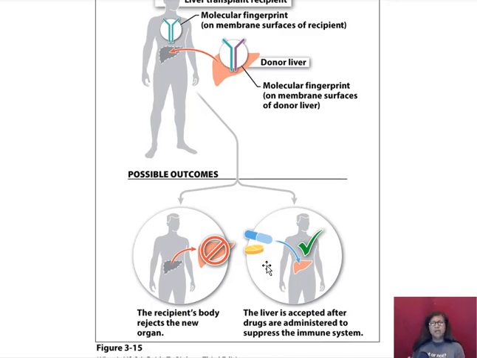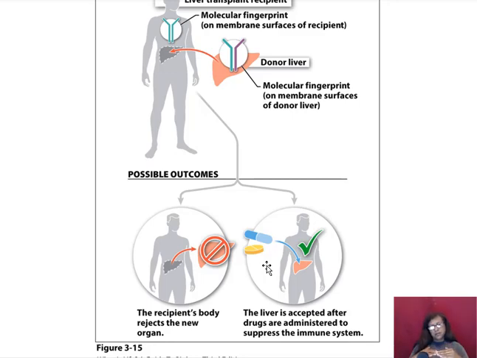And that's kind of this tightrope. So you're trying to suppress the immune system enough that the body doesn't attack the new organ that you just transplanted in, but not suppress the immune system so much that the person is now going to basically be subject to every cold, mold, virus, anything that we normally can withstand.